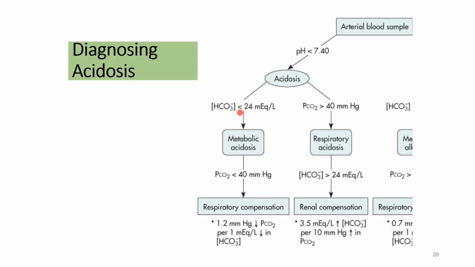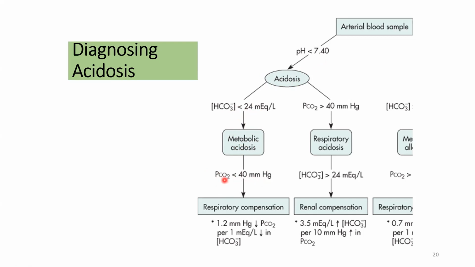So if it's turning out to be less than normal in an acidotic patient, then this must be mainly the kidney's fault, and hence you label the person as metabolic acidosis. pH less than 7.4, bicarbonate less than normal, metabolic acidosis. Then you look at PCO2.